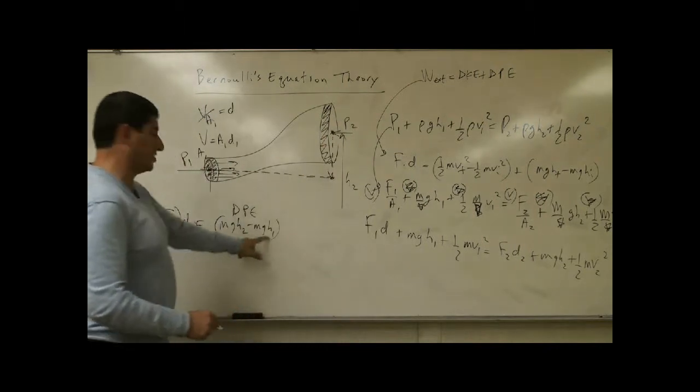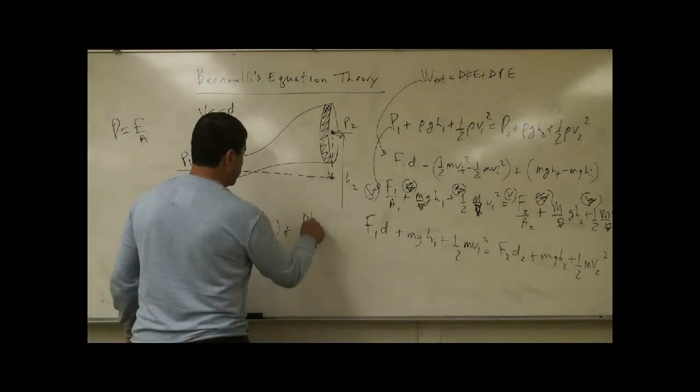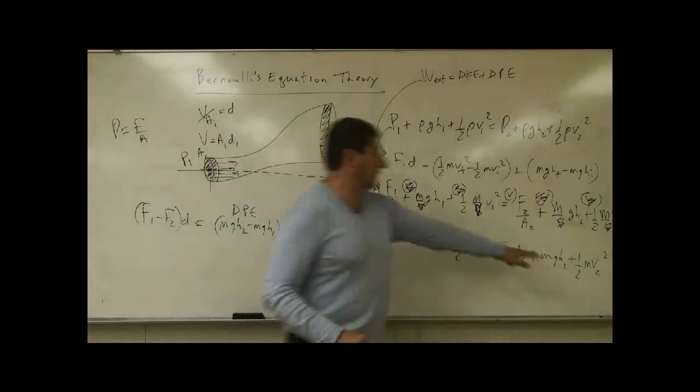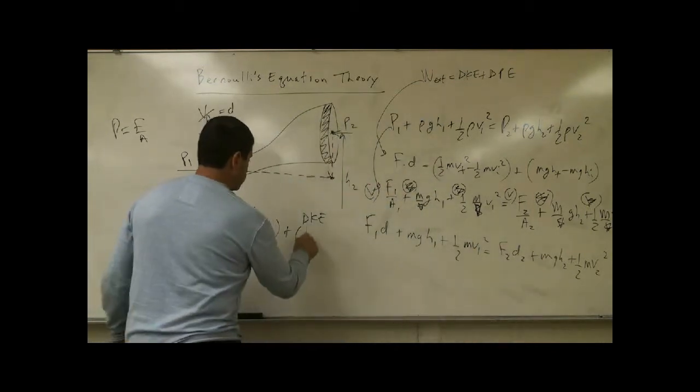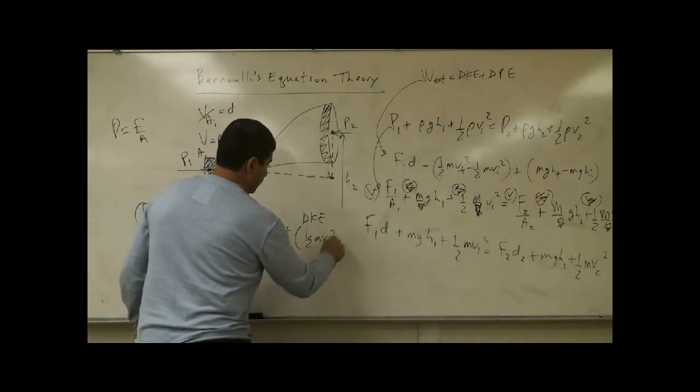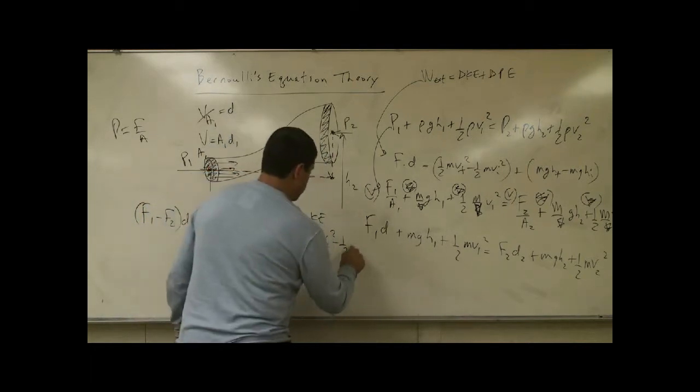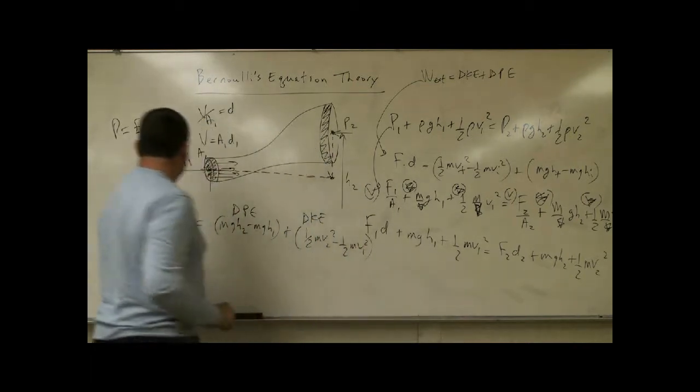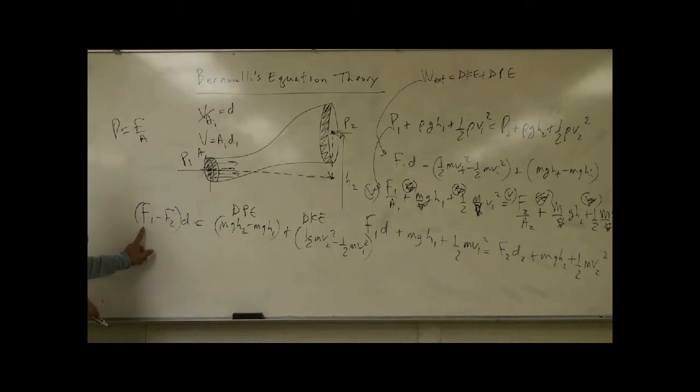And then the other part is half m v2 squared minus half m v1 squared. And this is the net work done on the fluid.